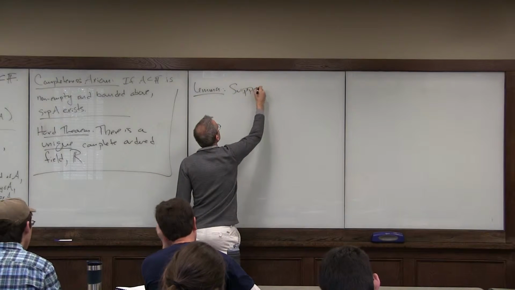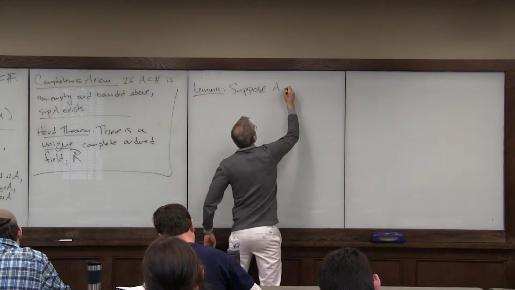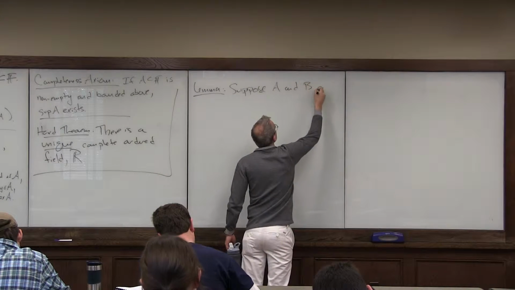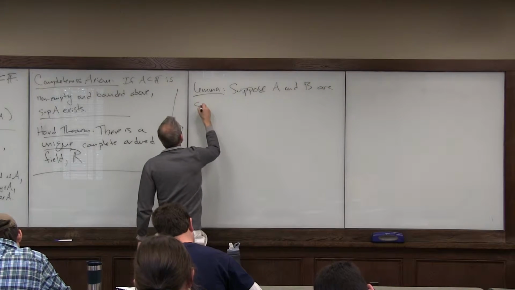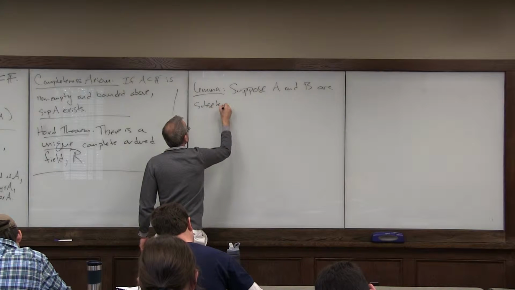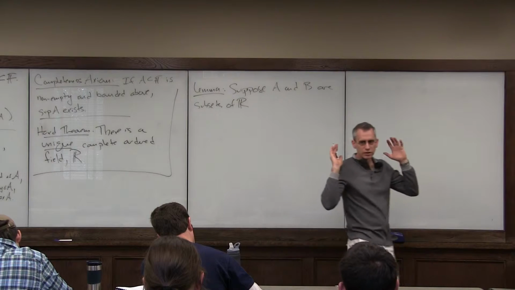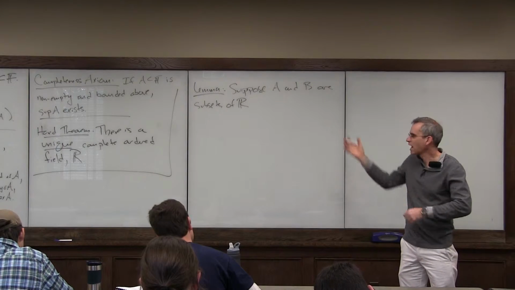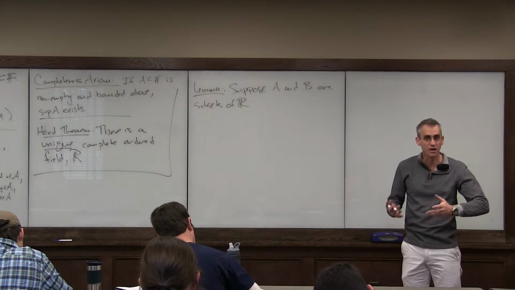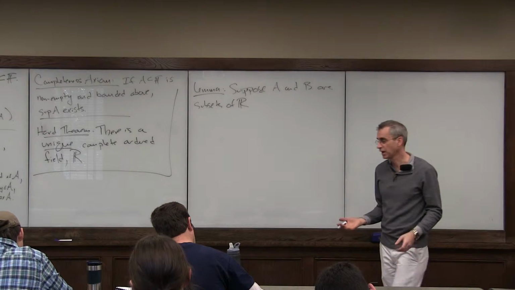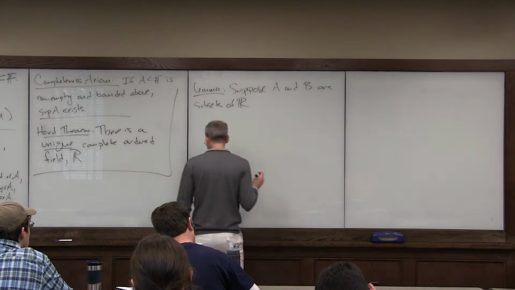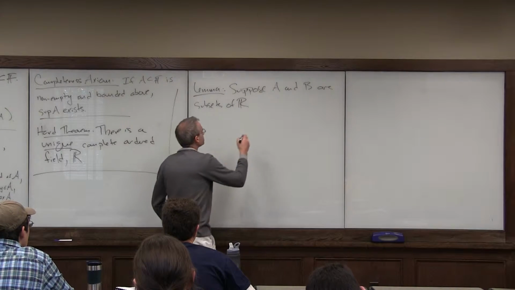Suppose A and B are subsets of R. So when we say that, you should think, okay, when I write down R, that means I've got the completeness axiom to work with, so I have existence of any sup.